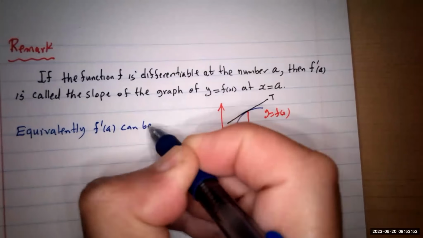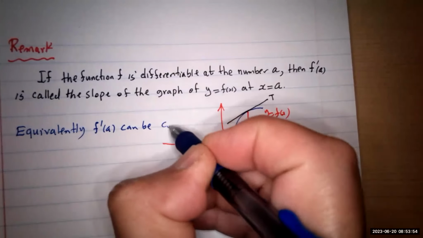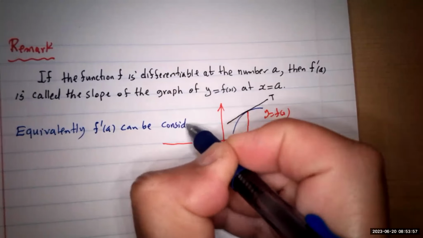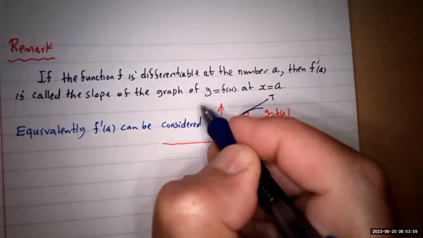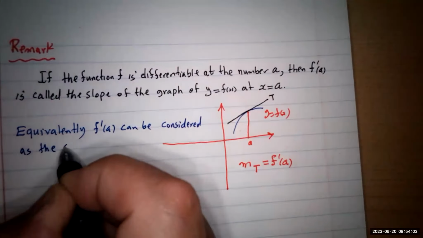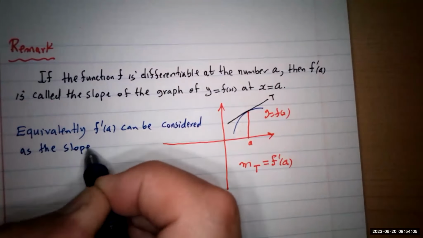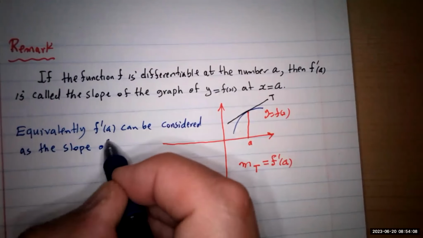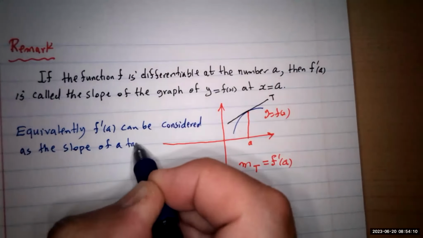Equivalently, f prime of a can be considered as the slope of a tangent line. Both of them are going to be the same thing.